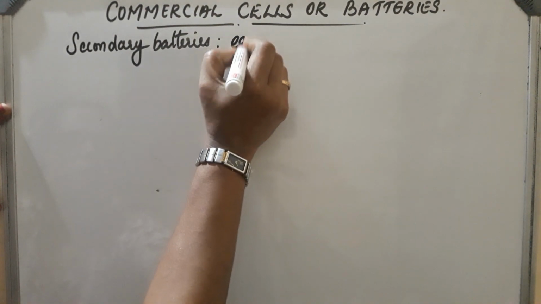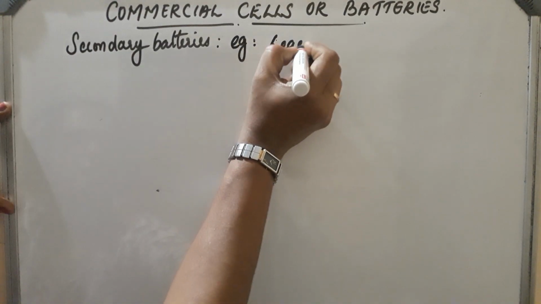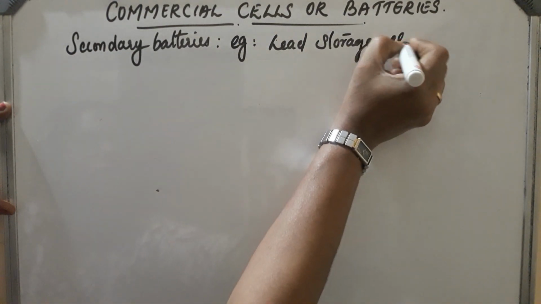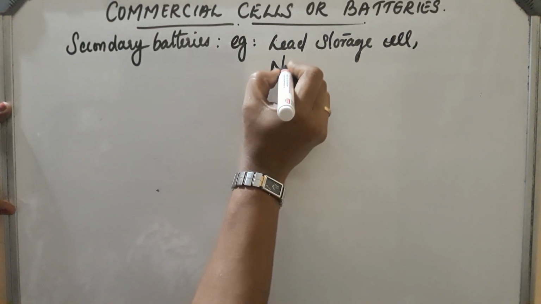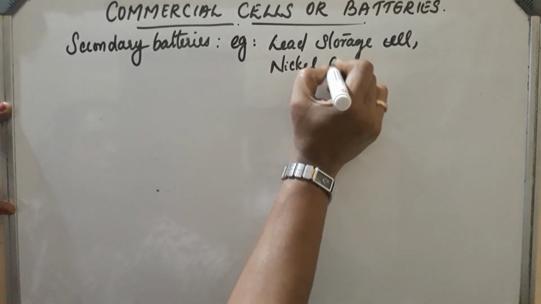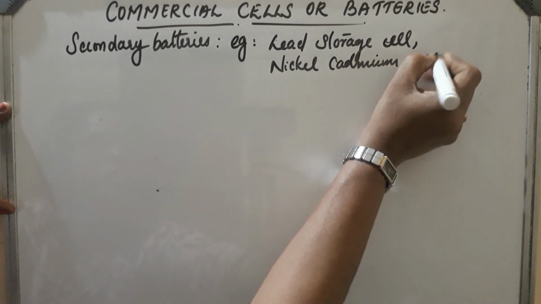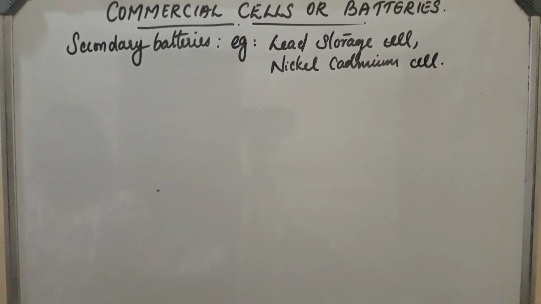Examples are lead storage cell, then nickel cadmium cell. These are the examples. In this case, they recharge by passing current in the opposite direction, so we can recharge them.